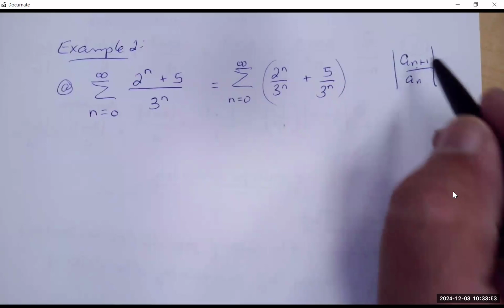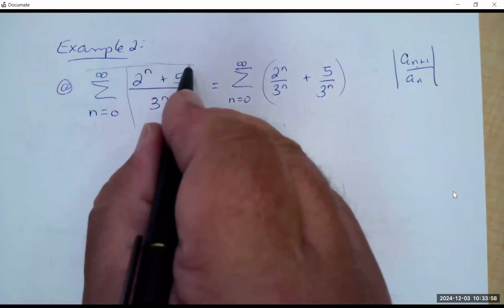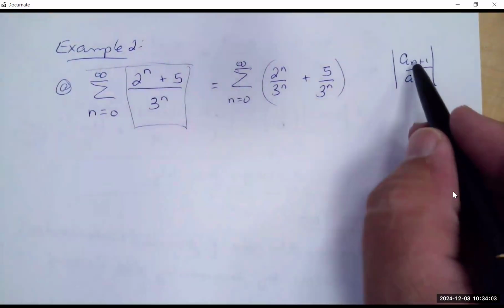So how do I write this? This is the a sub n. How would I do the a sub n plus 1?